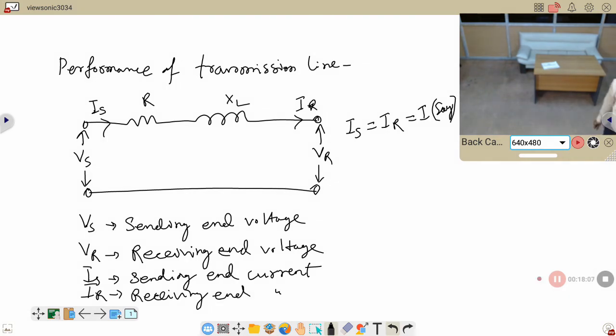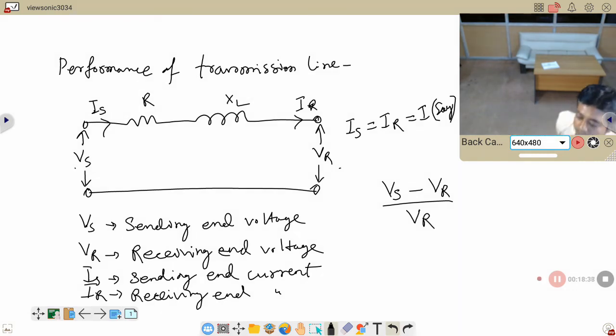Okay. Now see how we get the regulation from here. That's why I have drawn this circuit. How do we get the regulation? It is the difference in voltage between the sending end and receiving end, divided by the receiving end voltage.